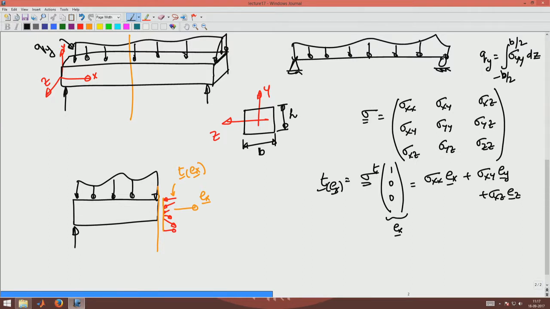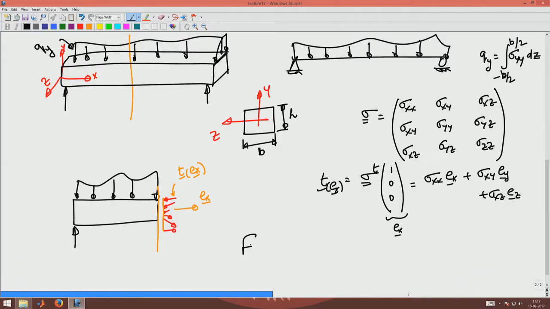Now, I am interested in what is the net force acting in that cross section, okay. I am interested in the net force F, which is the integral of T^(Ex) dA, okay, where this dA is nothing but dy dz. This is the area integral.